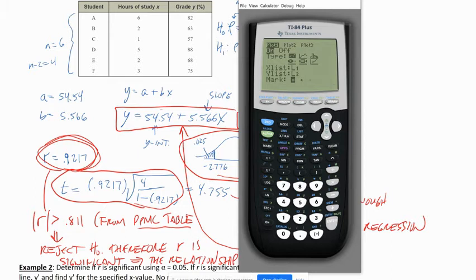Now that I have this turned on and I graph it, we see the data and we see the line, and we see that it is a pretty good fit. That's why we got an R value of 0.92, because that is a pretty strong positive relationship. So it's always good to see your data and see the line, and that confirms what we got mathematically here.